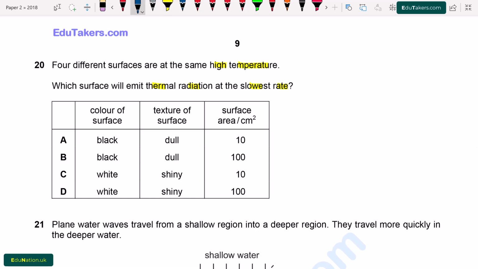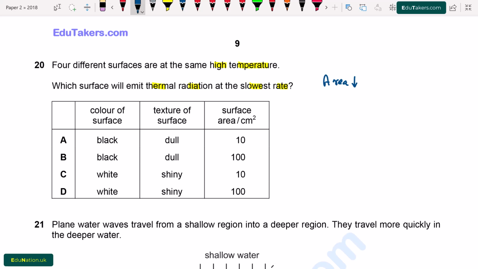Thermal radiation will be emitted at a slow rate only when the surface area is smaller and we use the white shiny surface because it is a bad emitter of thermal energy, and the emission of radiation is also directly proportional to the surface area of the surface. It means that when area is smaller, then the thermal radiation that is emitted will also be at a slow rate.